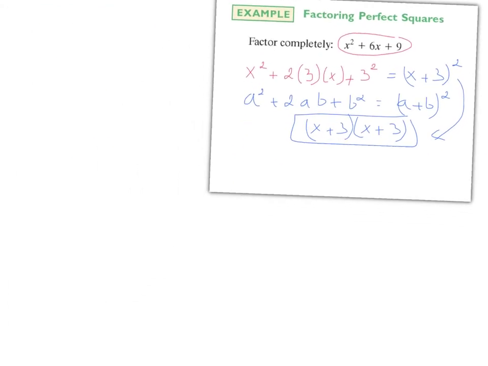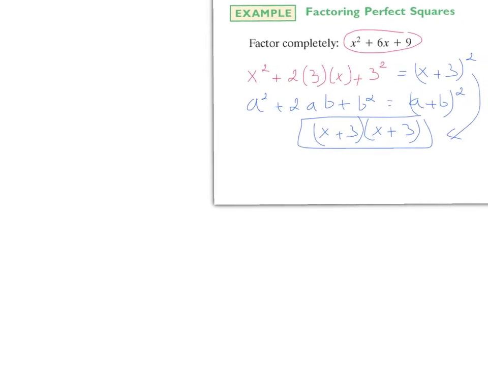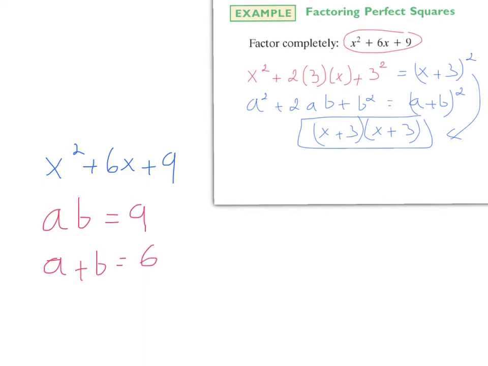The second way: when we have x squared plus 6x plus 9, we can see two values, ab equals 9 and a plus b equals 6.